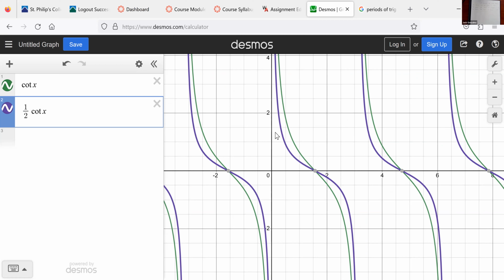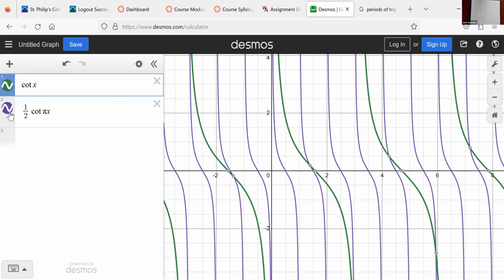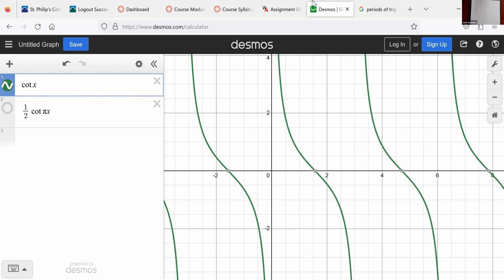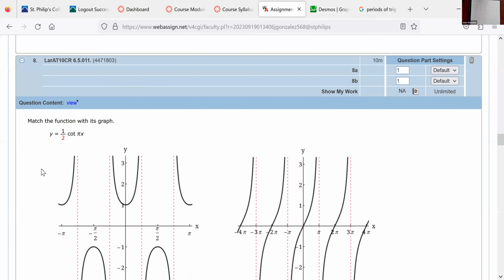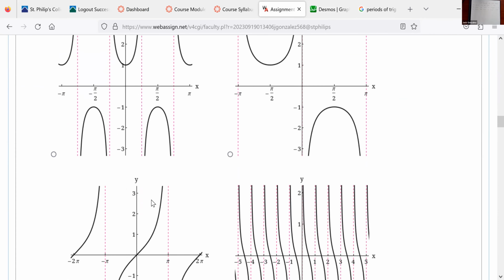Stretch would be the word. Now, if you put a pi in here, it has sped it up. So you should see a lot more of them before it gets to the original. Because it's almost 3 times faster, right? The pi is about 3.14. So just knowing what the original looks like will guide you on these questions. So knowing what tangent looks like will help you figure out which one's appropriate.